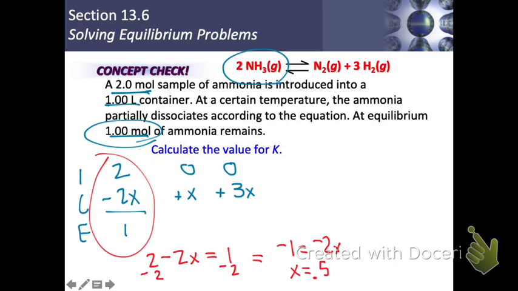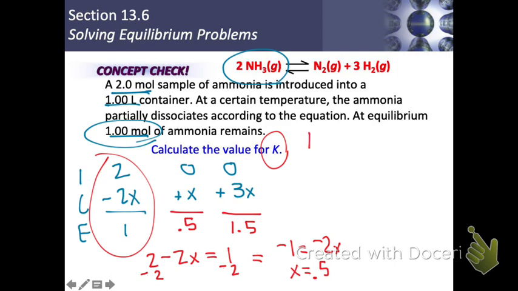So now I can calculate K. My concentration here is just 0.5 and my concentration here is 1.5. I guess I even misspoke earlier. I couldn't have even used my K equation because I didn't know what K was. That was my overall goal, so I had to figure that out first.